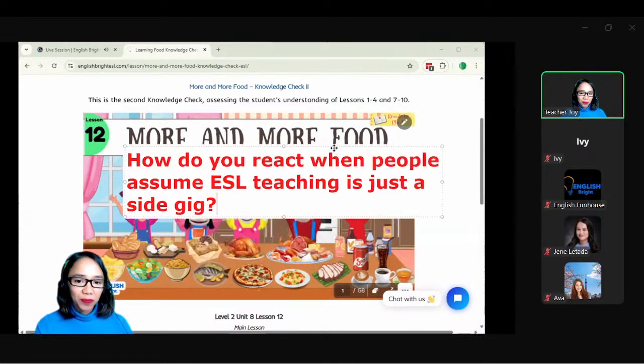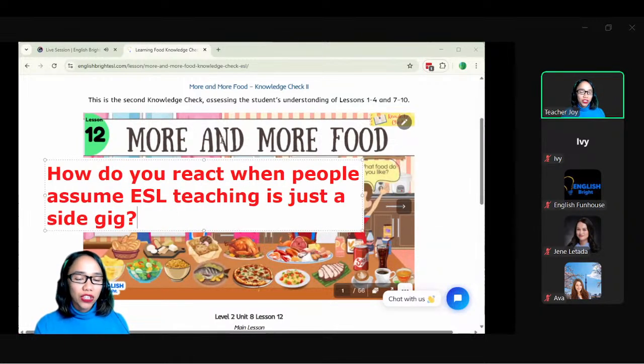Can you see that? How do you react when people assume ESL teaching is just a side gig? Ooh, I know a lot of you have thoughts on this one, and so do I. So just set a reminder, tag a fellow teacher, and let's talk about it next week, okay?